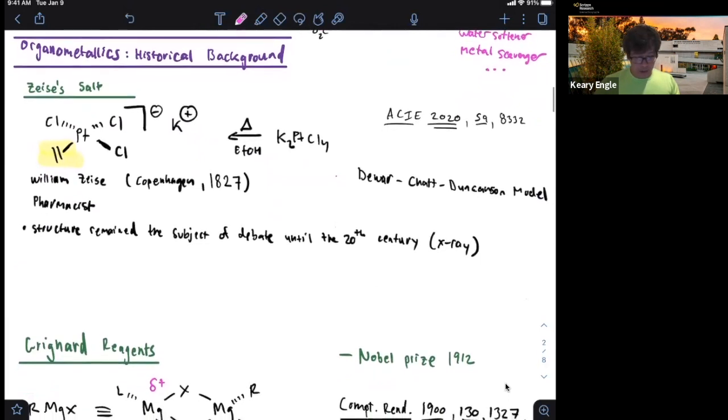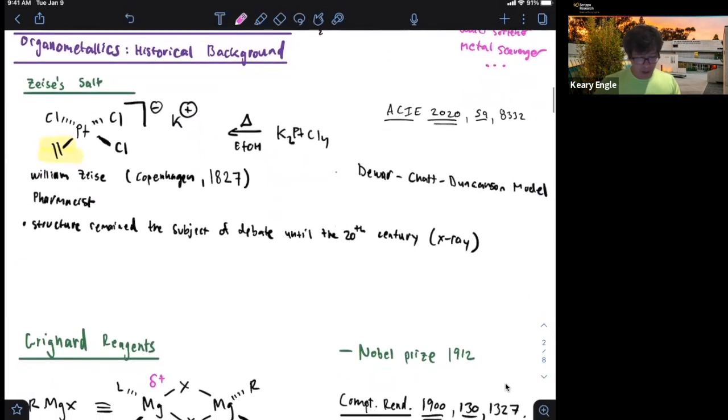Okay, so we'll take now a few minutes to cover some historically important examples of complexes that helped propel the field of organometallic chemistry forward.